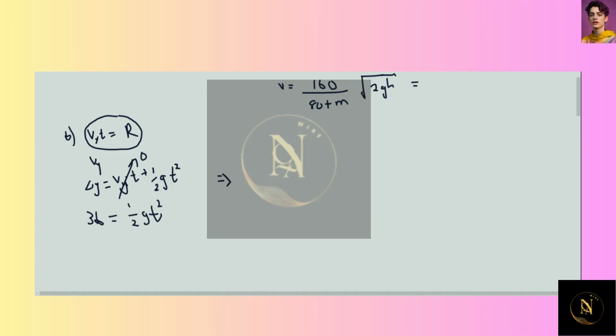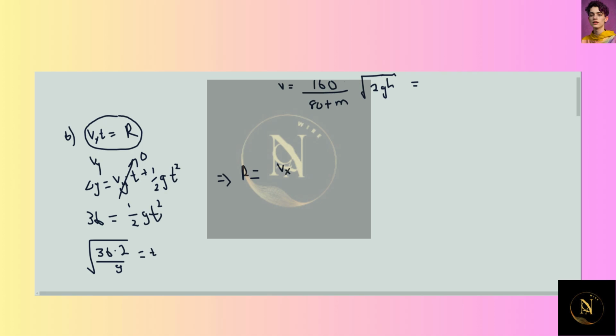In this case, r is equal to vx times t. But t is actually the square root of 36 times 2 over g.